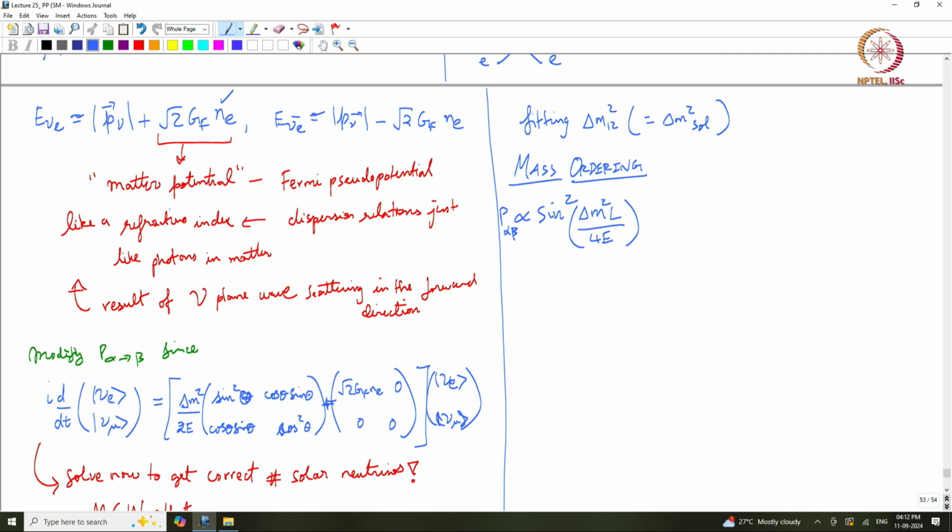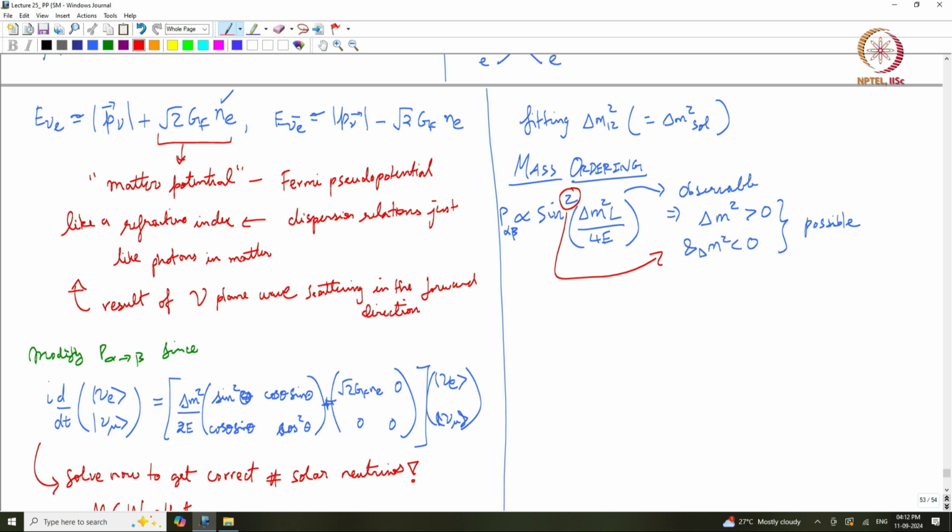So, since this is the term that is observable, that implies both delta M squared that are greater than 0, and delta M squared that is smaller than 0, are both possible. Why? Because it is a sine square, correct.